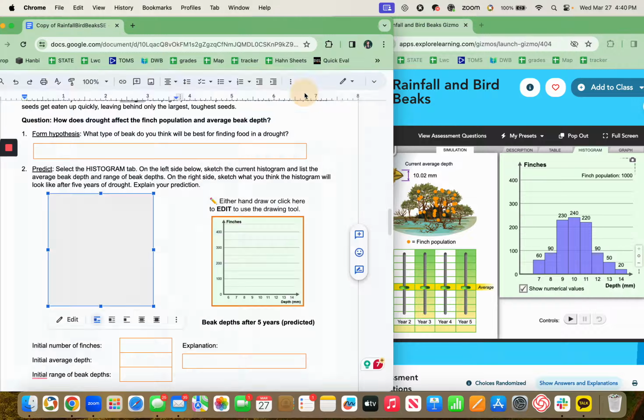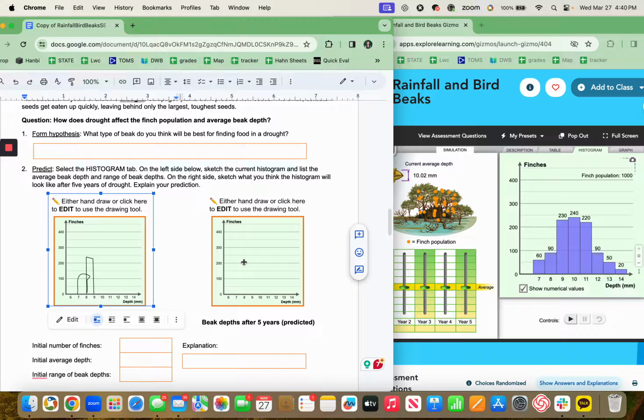If I think that the beaks are going to get smaller, I'm going to show that more of the birds are going to have beak depths of 6, 7, 8 and 9. If I think that the beak depths are going to be bigger, then I'm going to draw my graph to show bigger bars on the bigger depths.